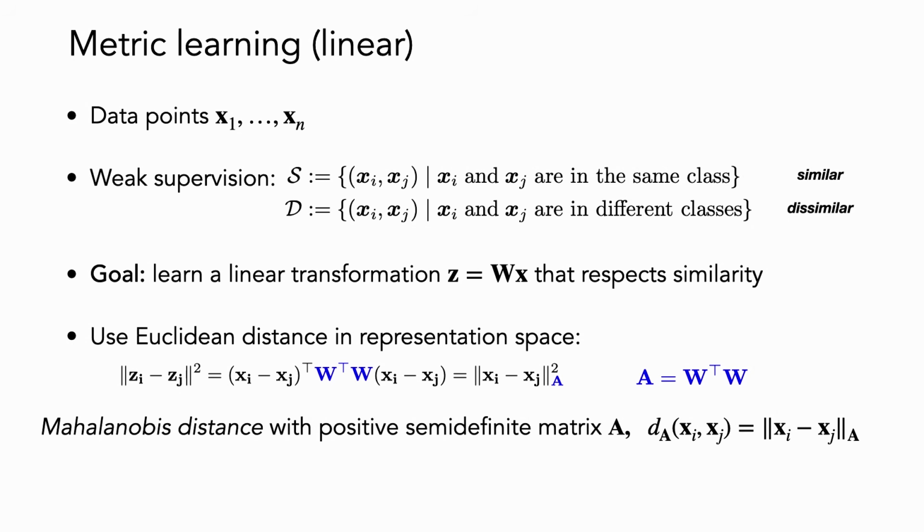And what you can show is that if we can learn some optimal A, which would be an optimal W for this z equals Wx, then that will be a transformation that preserves similarity and difference maximally. So how could we phrase that as an optimization problem? How do we learn the right W here? Any ideas?